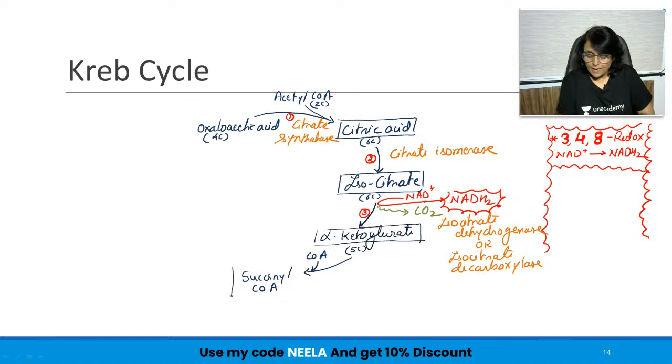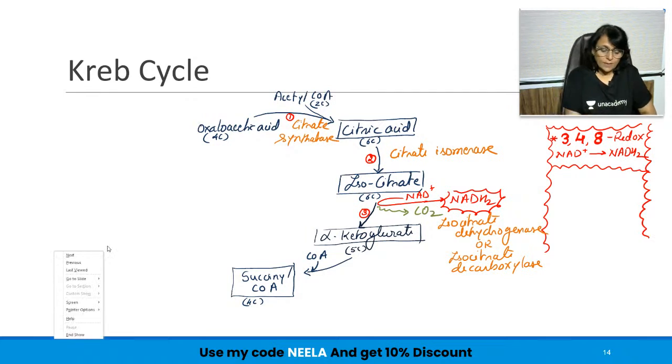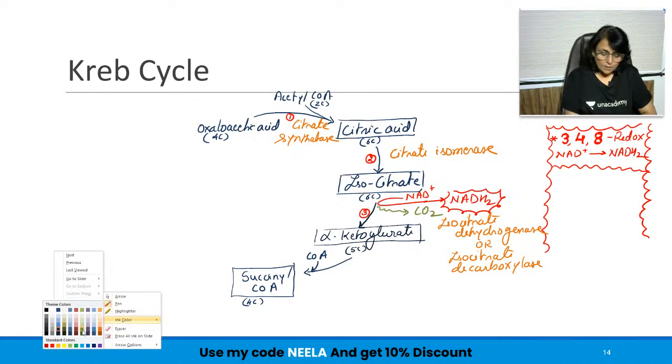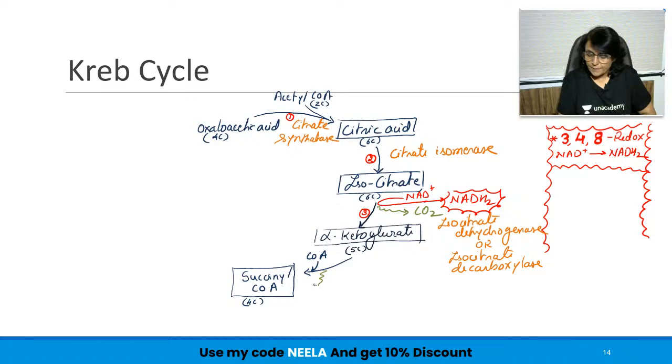So now here we have succinyl coenzyme A. Succinyl coenzyme A is a 4 carbon compound. That means again there is 1 carbon dioxide which is given out. 1 carbon is lost in the form of carbon dioxide.